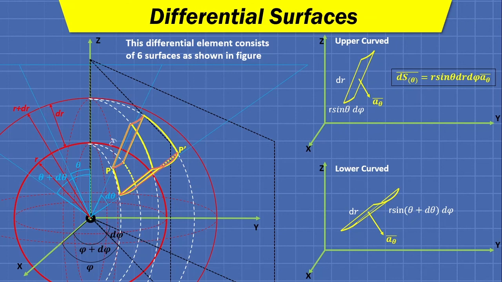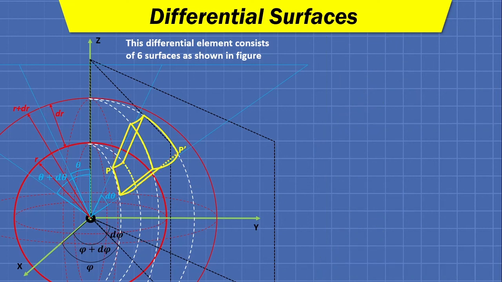Again, its direction will be changed as theta and phi values have been changed. But for this surface, again the direction will be a_theta. So this is the formula to calculate the surface.